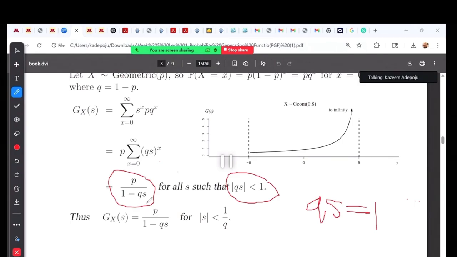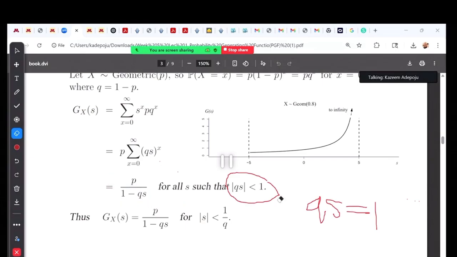What's going to happen to that fraction? Something over 0, and something over 0 in math is undefined. Good job. Send me a message for extra credit. That will be undefined. That is why we said the absolute value of qs must be less than 1, and the absolute value of s must be less than 1 over q.